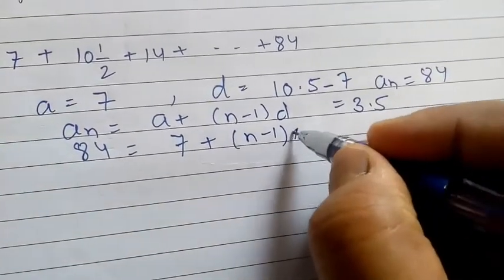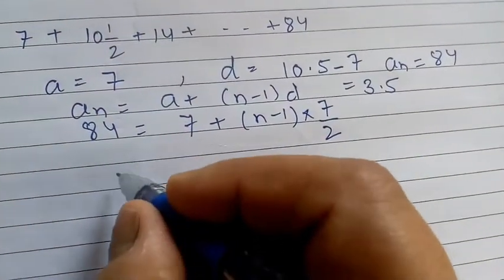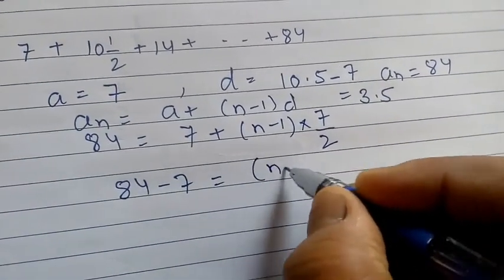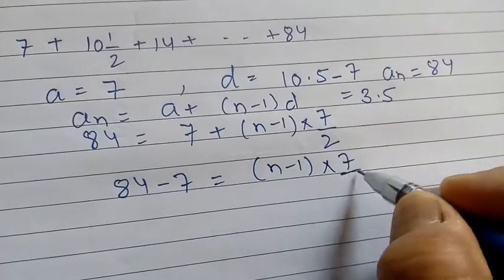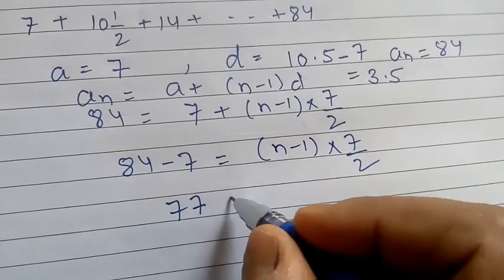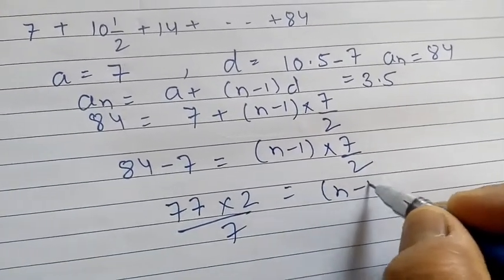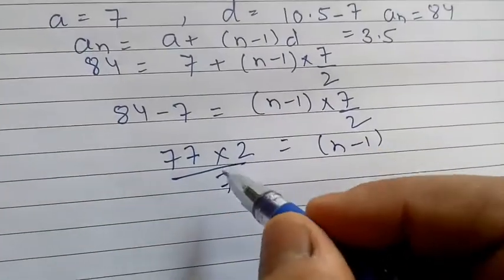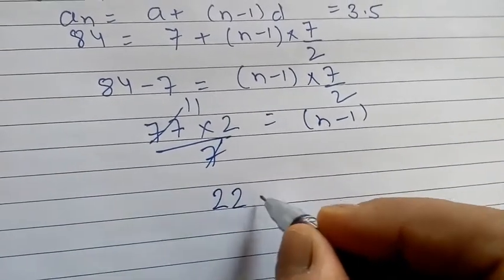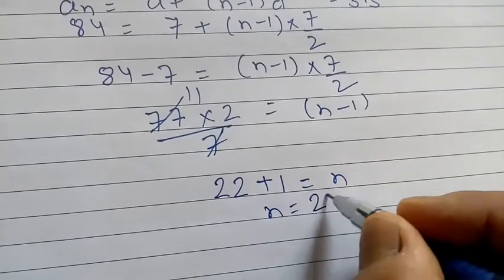So d is 7 by 2. You have to solve. 84 minus 7, subtracting, 77 equal to n minus 1 into 7 by 2. Cross multiply, 77 into 2 by 7 equal to n minus 1. By cancelling, 11 into 2, 22 plus 1 equal to n, so n equal to 23.